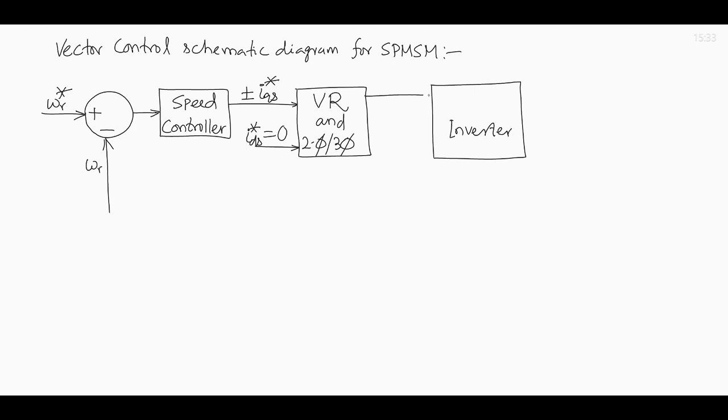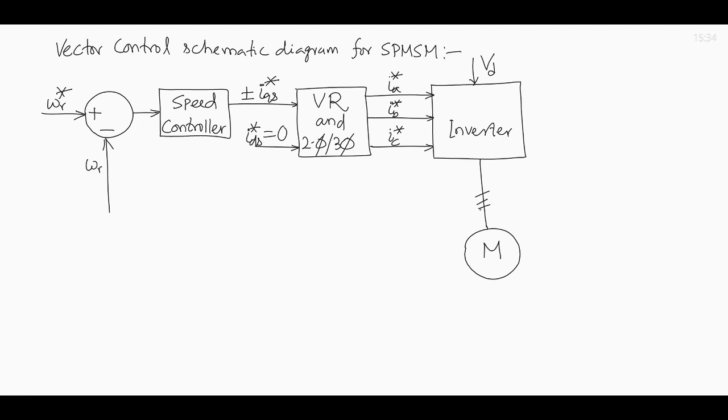The current commands going from the vector rotator block to the inverter are the 3-phase current commands IA star, IB star and IC star, and the inverter has a DC input voltage VD, and it feeds 3-phase power to the synchronous motor SPMSM.